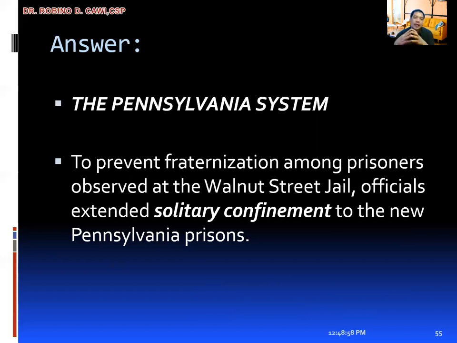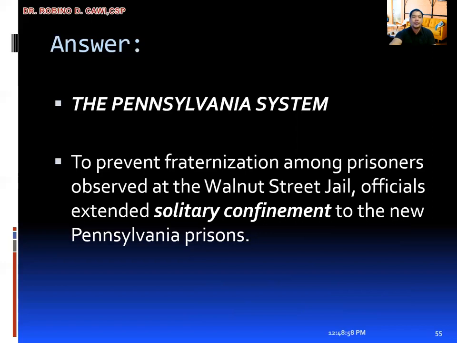Because you have to remember, as far as the solitary system or the so-called Pennsylvanian system is concerned, whatever abnormal behavior the person possesses, he will keep it to himself, and that is also the basis on the part of the prison to provide some sort of treatment which revolves around the moral and religious dimensions.